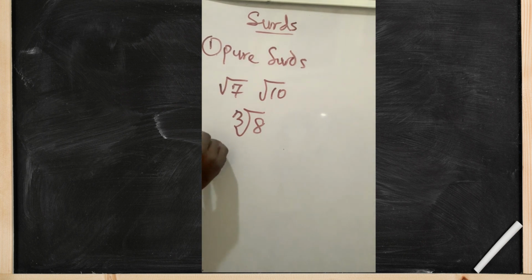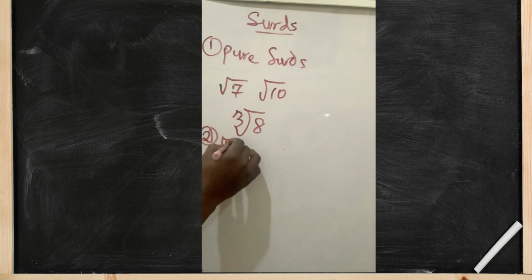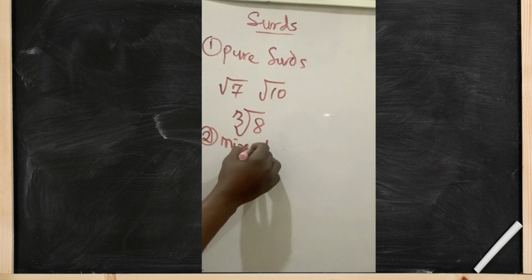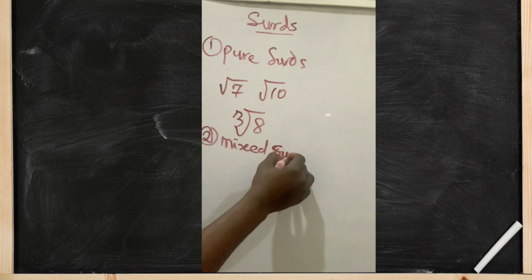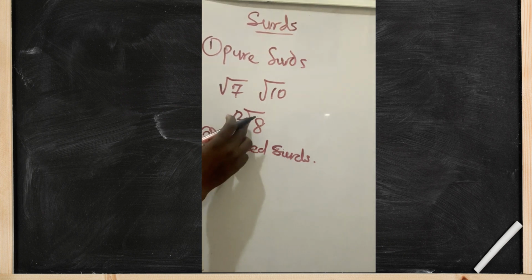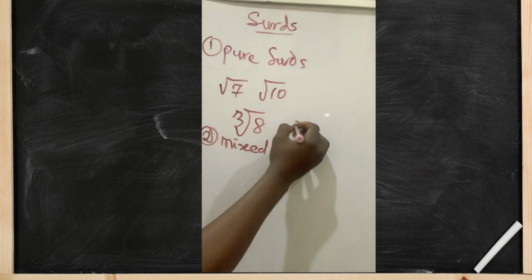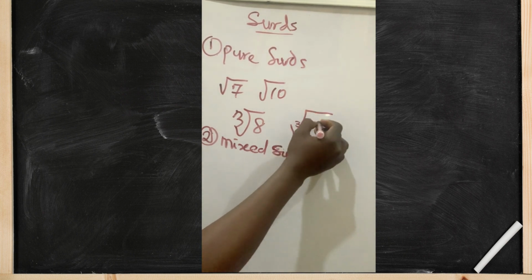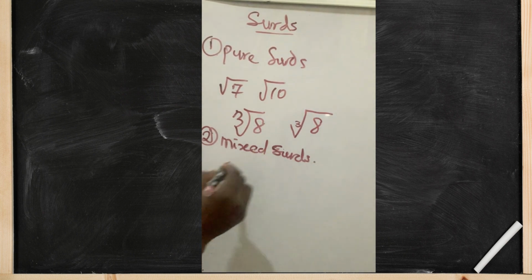Now the second type of surd is the mixed surd. When you talk about mixed surds, please note, this is a pure surd. It's written as this. It's different from this.